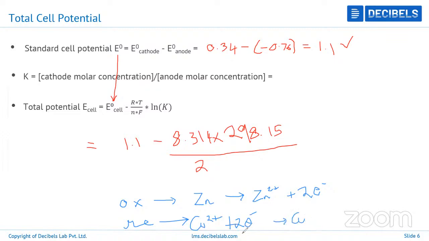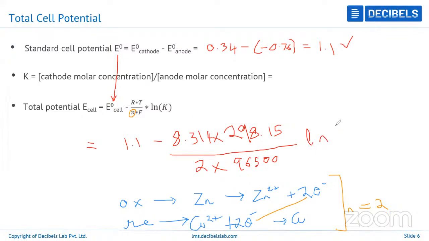So in both oxidation and reduction, you can see overall there will be a total number of electrons of 2, right? So this is why n is equal to 2. Okay, so for that purpose, in the denominator over here, n will be 2. Okay, so F, we know F is a fixed constant, so that will be 96,500 coulombs. Okay, so this will be your E naught cell minus RT by nF, right?